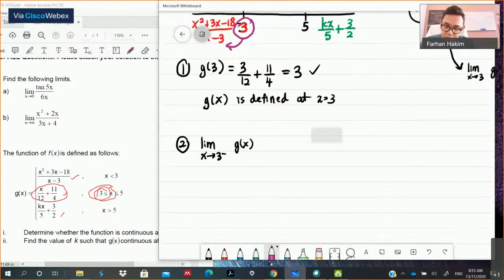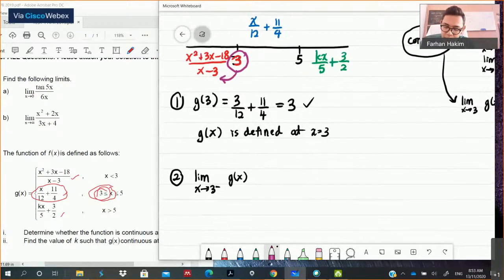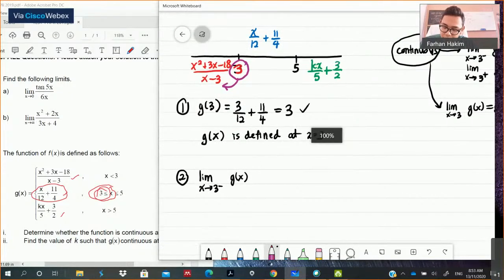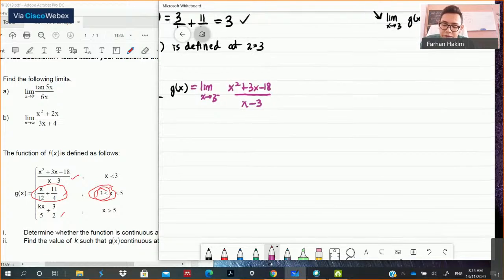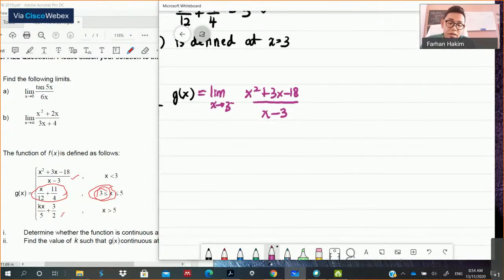So the limit as x approaches 3 from the left of g(x) will be the limit as x approaches 3 from the left of (x squared plus 3x minus 18) over (x minus 3). If we substitute the value x = 3 directly, we get the 0 over 0 case.